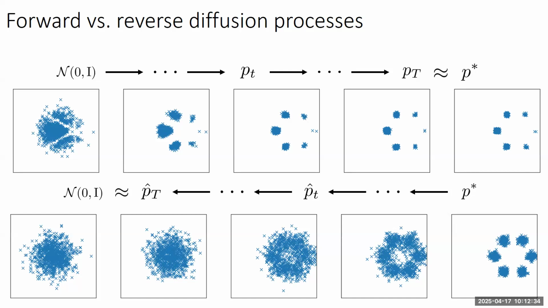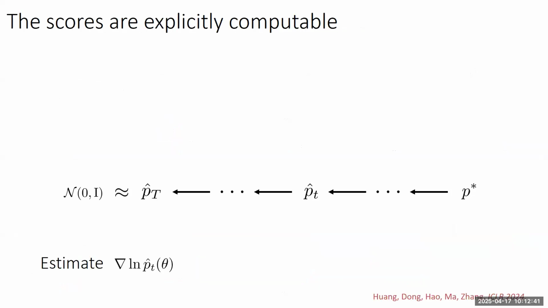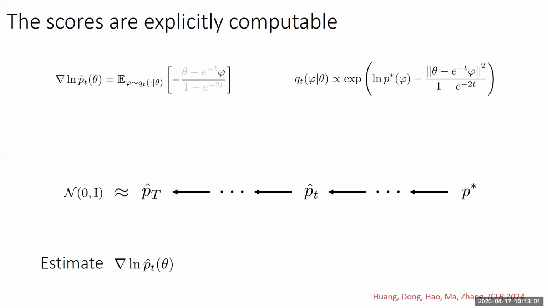Okay, so then let's get into the technical details to see how it gets implemented. So the first thing we realized is that the score functions, in this case, if we know the posterior distribution up to a normalization constant, they can be explicitly computed. So we don't really need score matching, in the sense that those score functions are just expectations of the linear function.